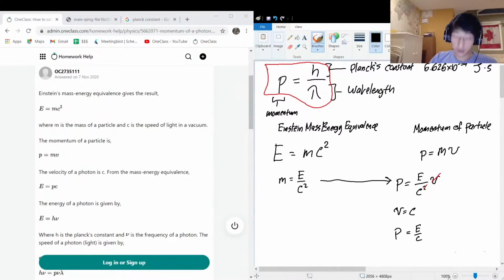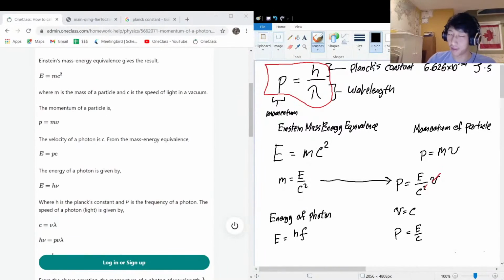Now the energy of a photon is given by E equals Planck's constant h multiplied by the frequency. Now here they use V. All my life I've been taught to use F for frequency, but I've seen some people use V for frequency more often than I'm comfortable with.